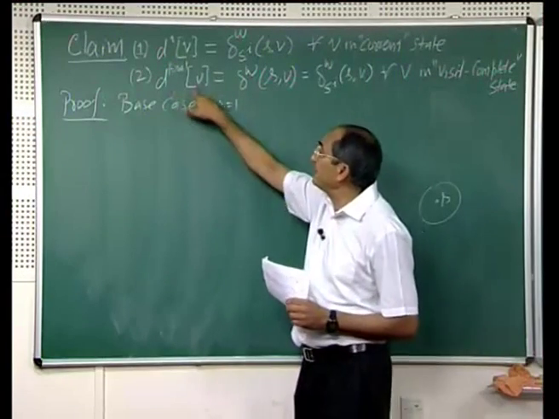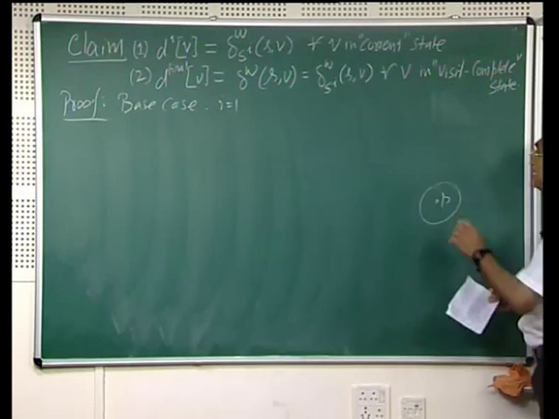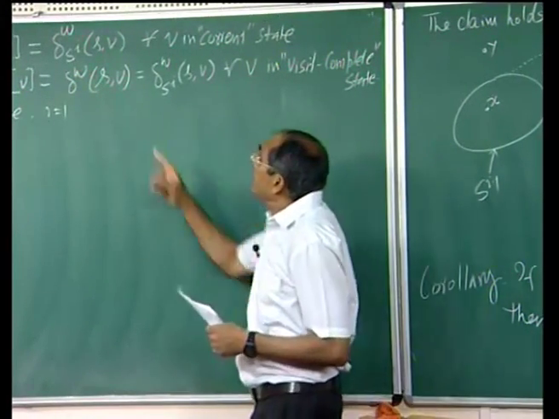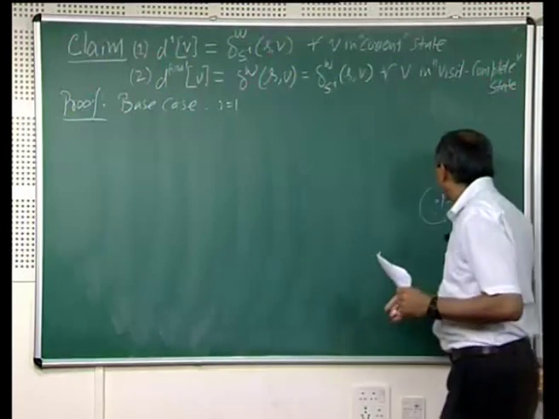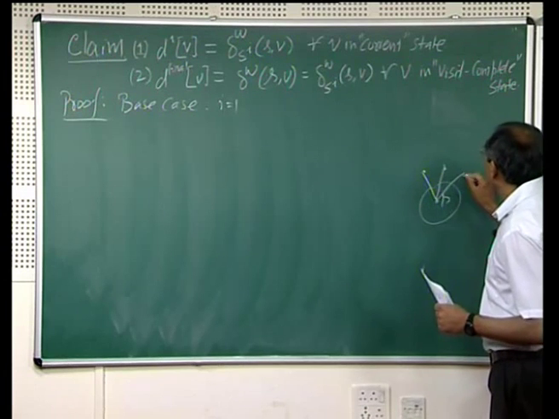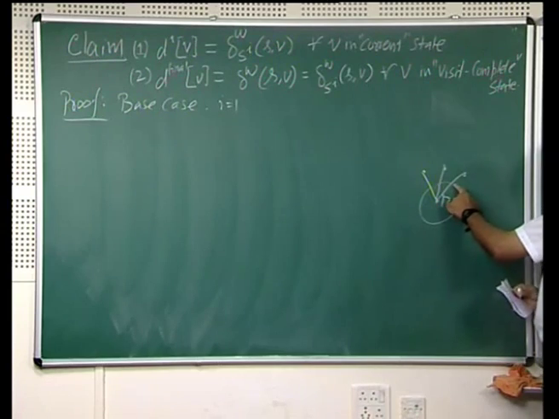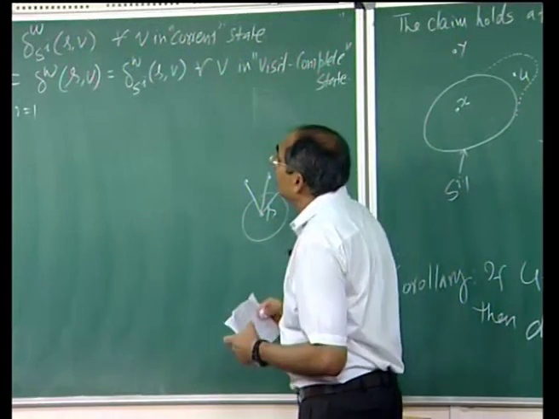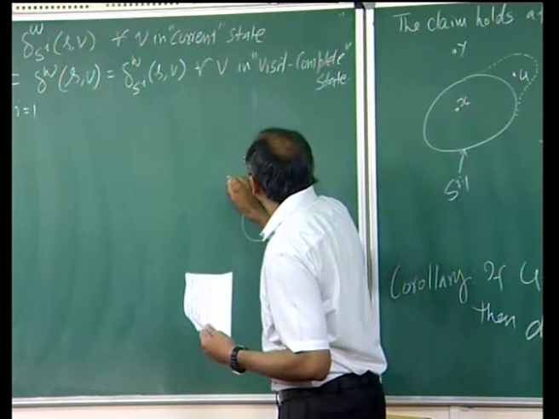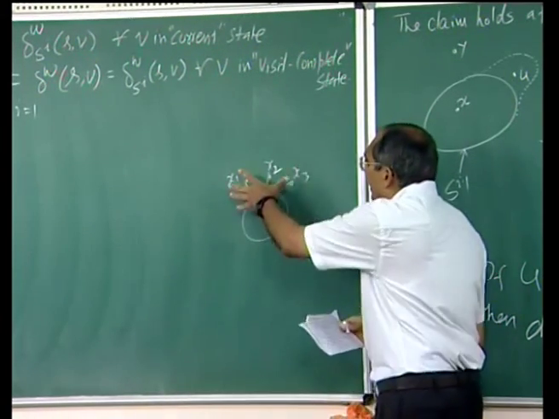D final of S is 0, this is 0, this is 0. This is 0 because the path is the empty path which starts here and does not go anywhere, just stays there. As far as the current vertices are concerned, these are those which are directly incident on S, the neighbors of S, and their d values are nothing but the corresponding weights. So there cannot be a second path. These are the only possible paths to x1, x2, etc., which are in current state.